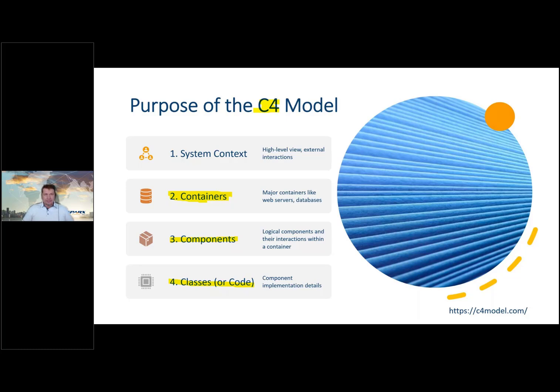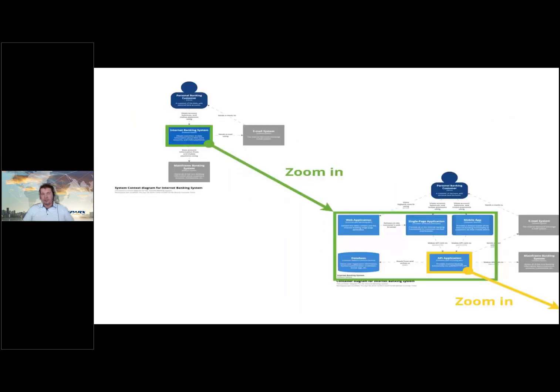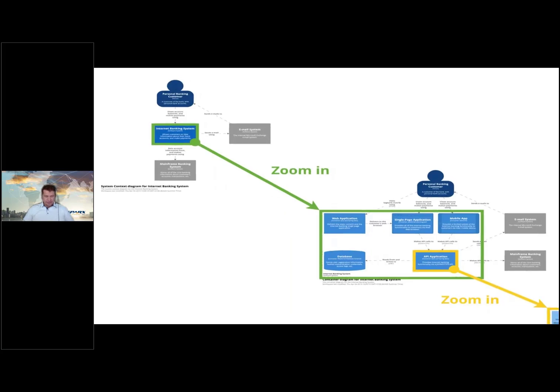So here is a very nice illustration. It's like Simon Brown usually says, it's like browsing through a map, zooming out, zooming in through your software architecture. So that's the way a C4 model works.